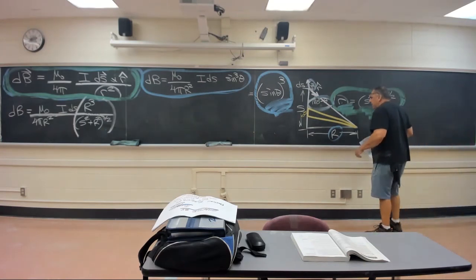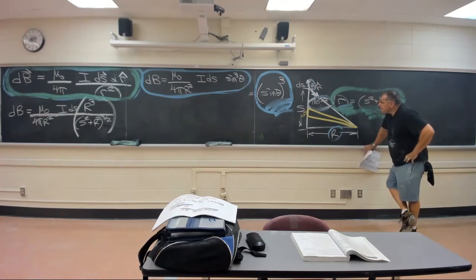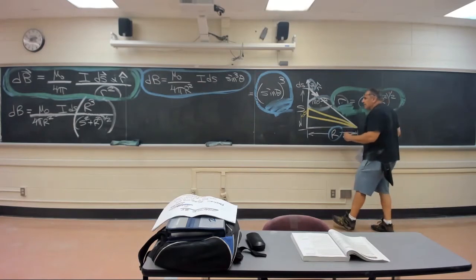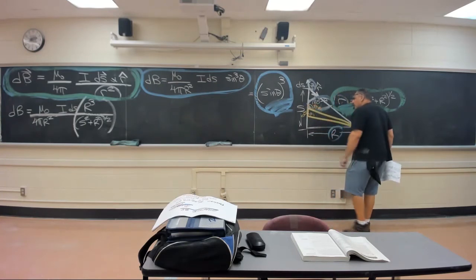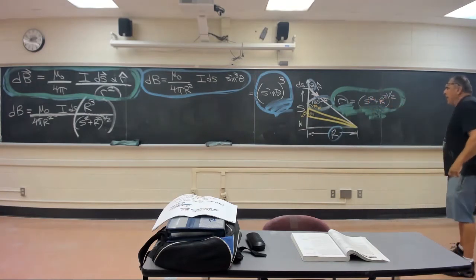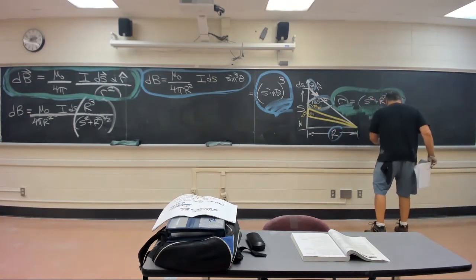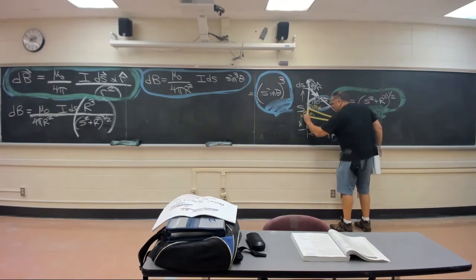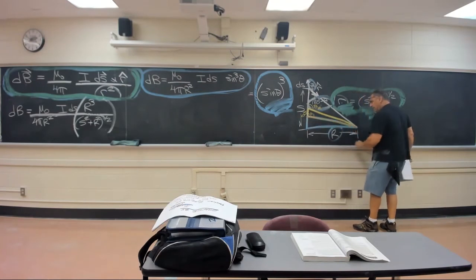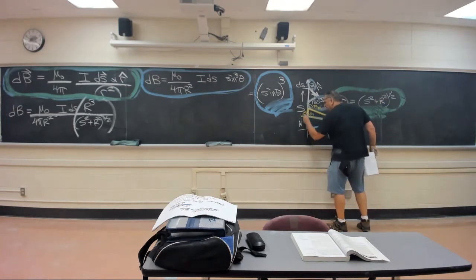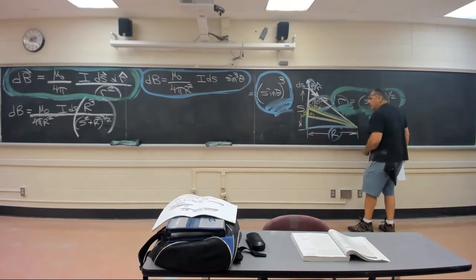I guess I could say to you, if this is theta 1, which ain't real big, and theta 2 is bigger, this is associated with that, and the other whole thing, all of that, associated with this.